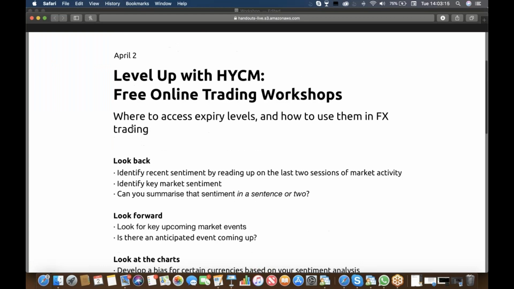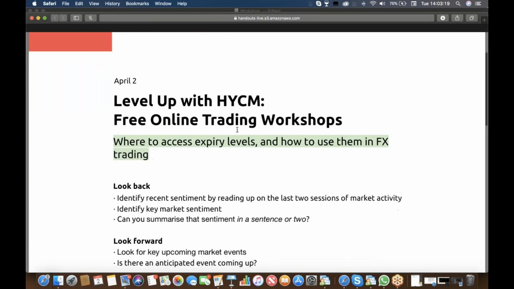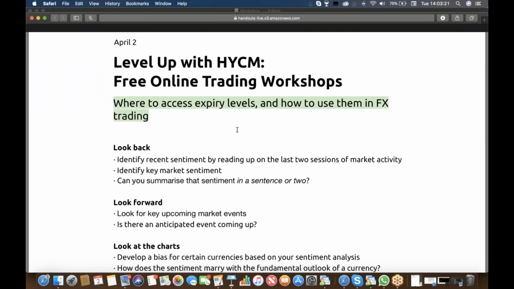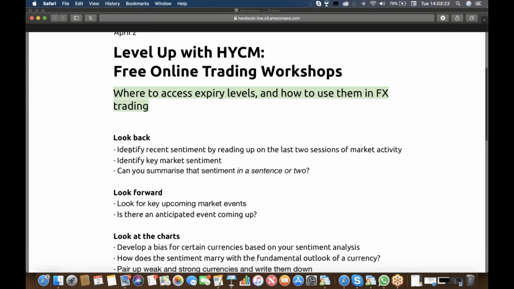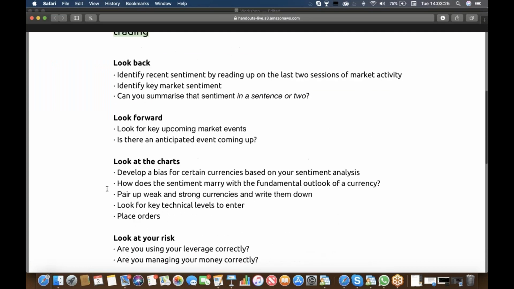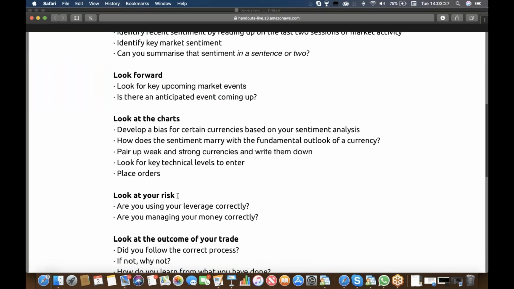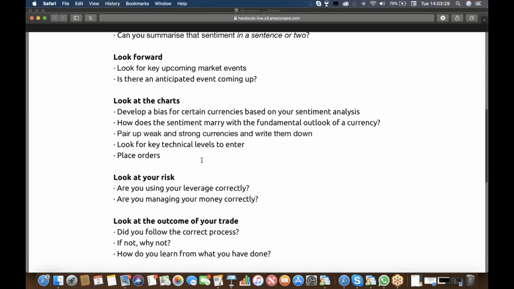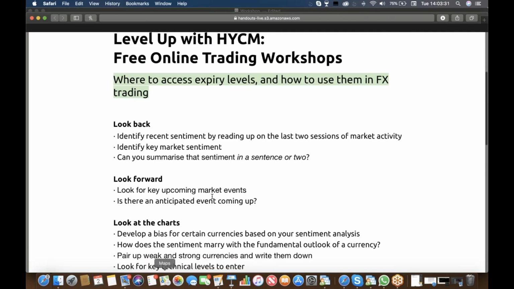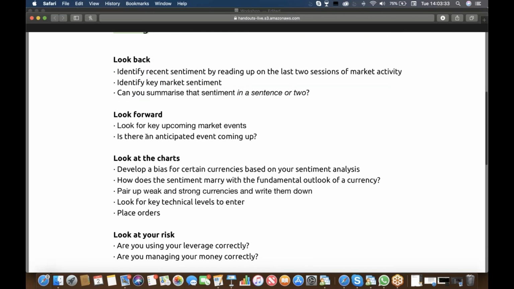And that's the special topic, where to access expiry levels. Then we have a number of titles on this sheet: looking back, looking forward, looking at the charts, looking at your risk, and looking at the outcome of your trade. We're going to be going through this sheet to help you know the process for making your own decisions.